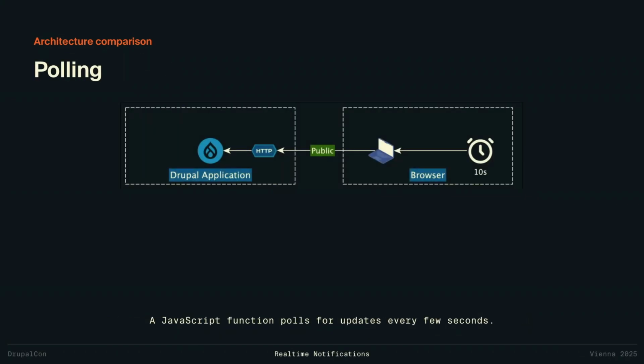And then in the polling method, we put a JavaScript timer over here, which will request every 10 seconds to get the notification.